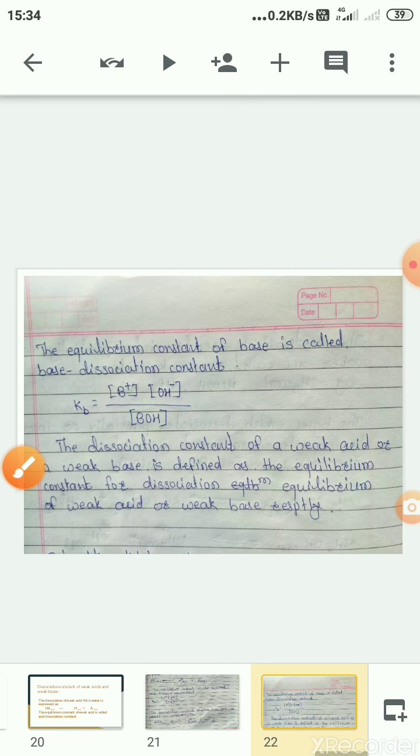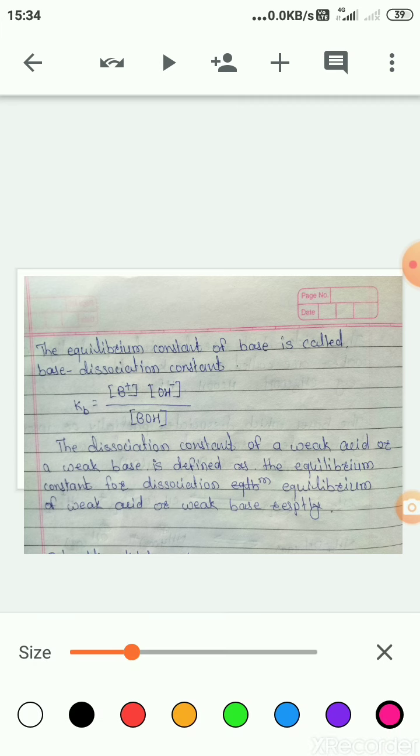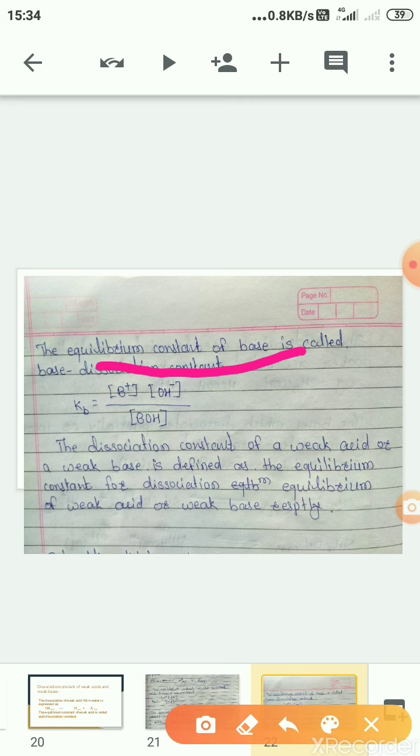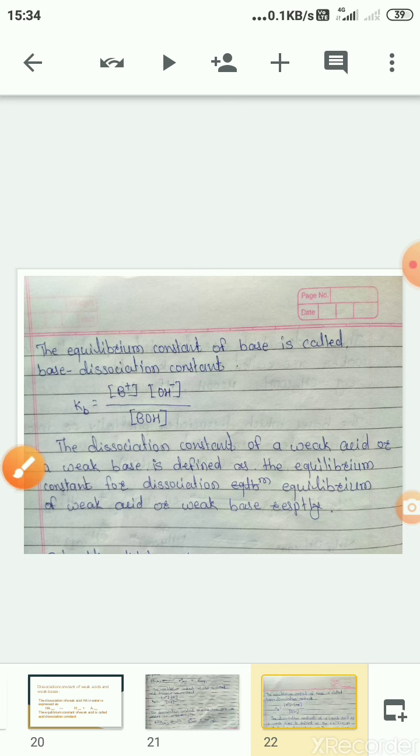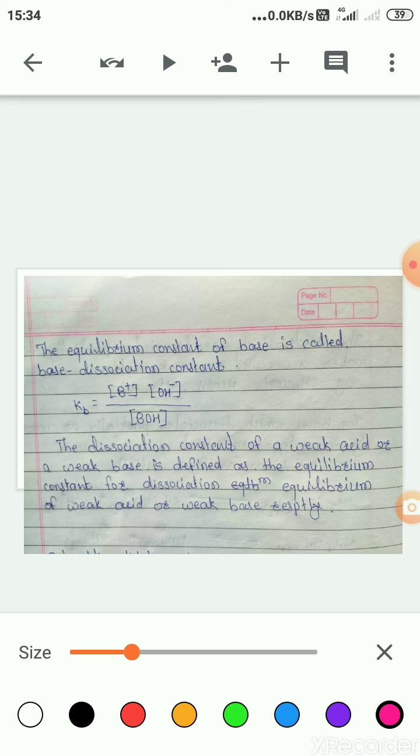The equilibrium constant of a base is called the base dissociation constant, and Kb is equal to concentration of B plus times concentration of OH minus divided by concentration of BOH.